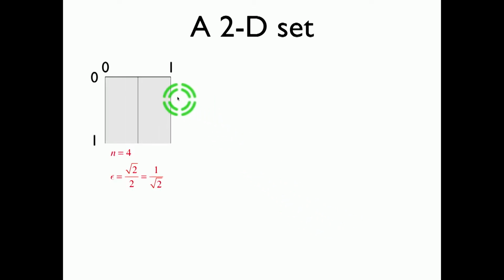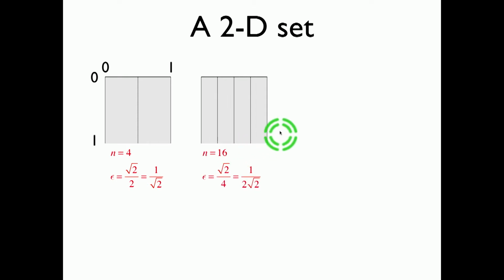Second example, let's look at a two-dimensional set. Here we have a square from 0 to 1 horizontally and vertically, and we're partitioning it into 4 cells. There the diameter of each of the cells is 1/√2. What if we want to decrease that? Let's take 16 cells.